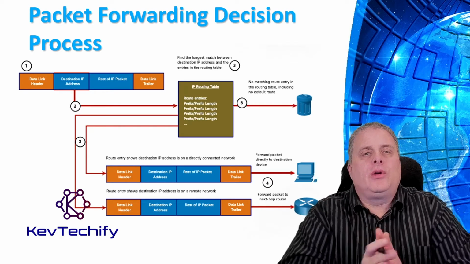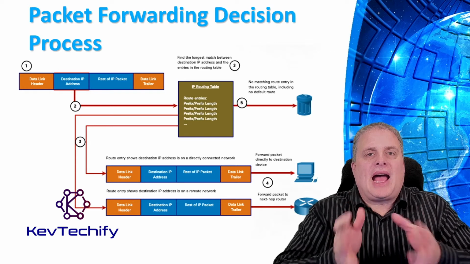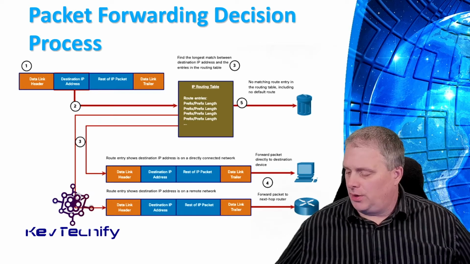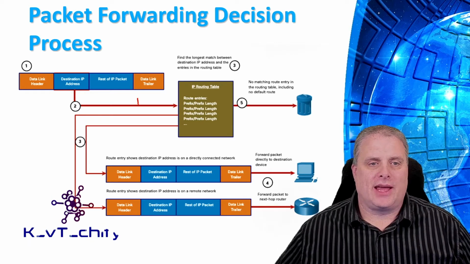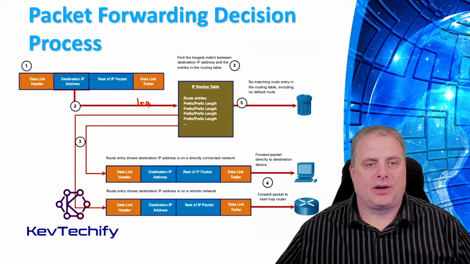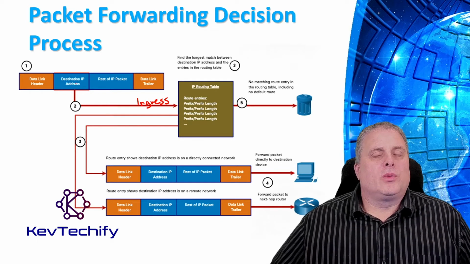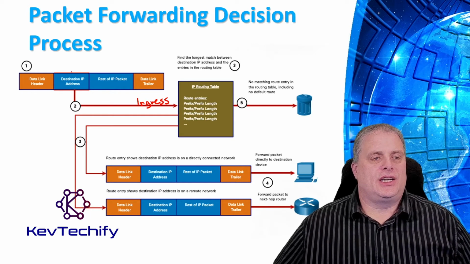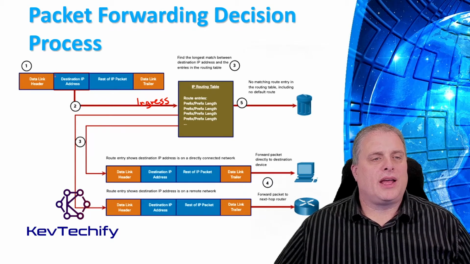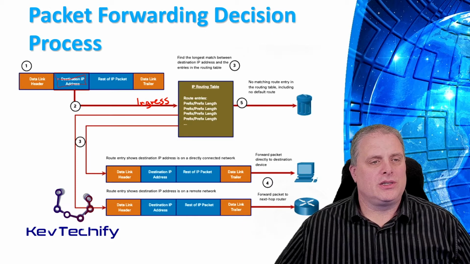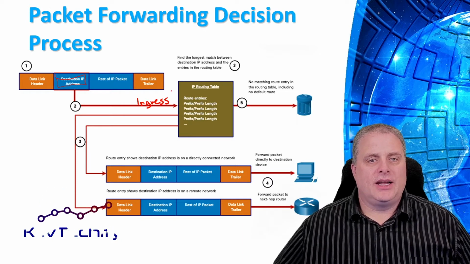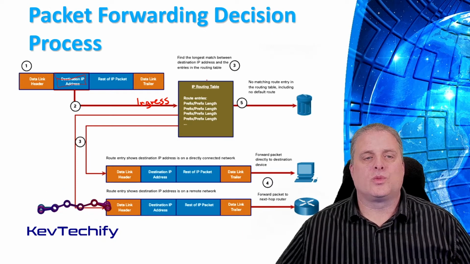When a router gets a layer 3 IP packet on its ingress port, the ingress is the port going in where traffic arrives. It will look at the destination IP address. So it'll pull out that destination IP address from the packet header, and look at its routing table.